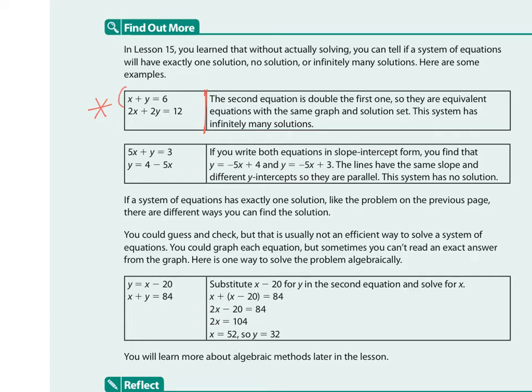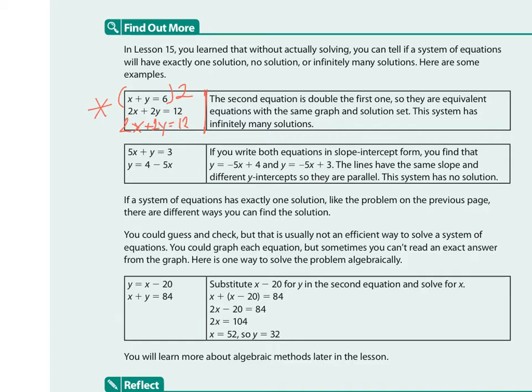So in other words, if we were going to solve this with systems of equations, with elimination, we would multiply the first equation by 2, and I would get 2x plus 2y equals 12.